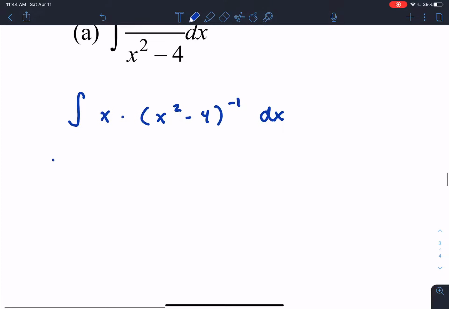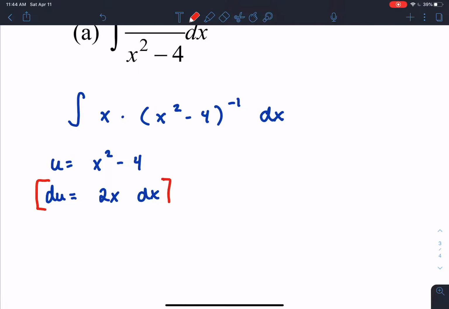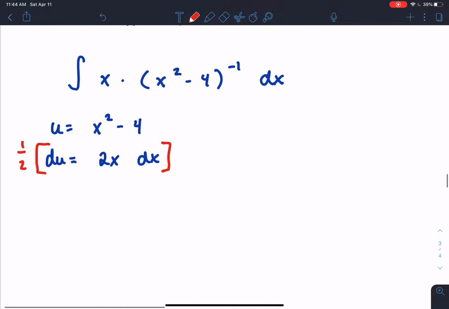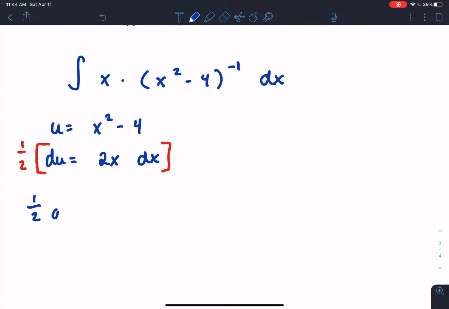My u term should be x squared minus 4, and then du would be 2x dx. I need to multiply both sides by 1/2 so that I get the x dx that I have in my original problem. So 1/2 du equals x dx.